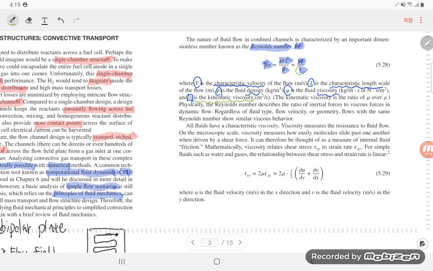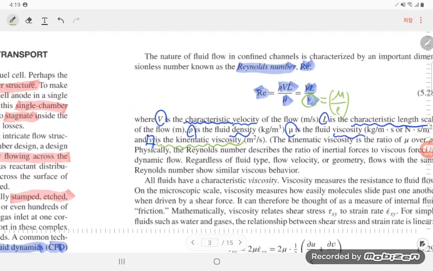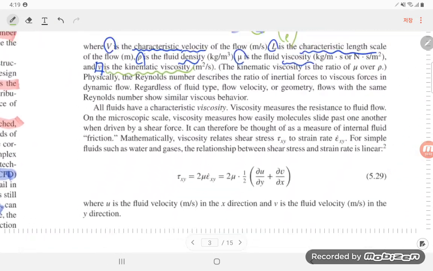And nu equals mu over rho. This is the kinematic viscosity, but you don't need to remember this one.